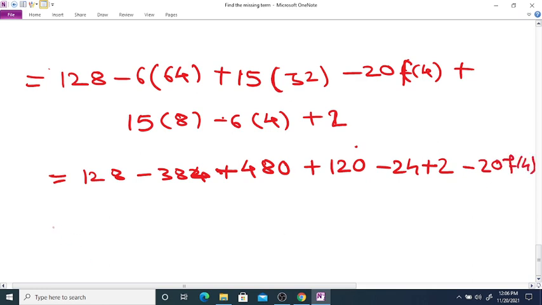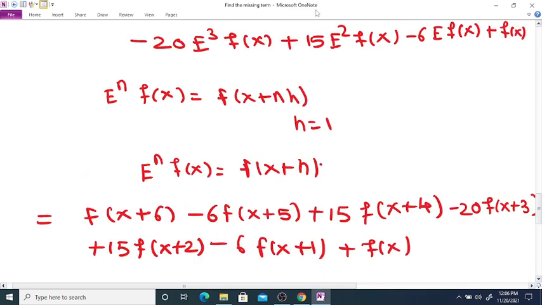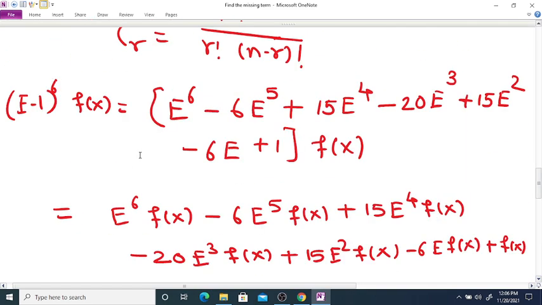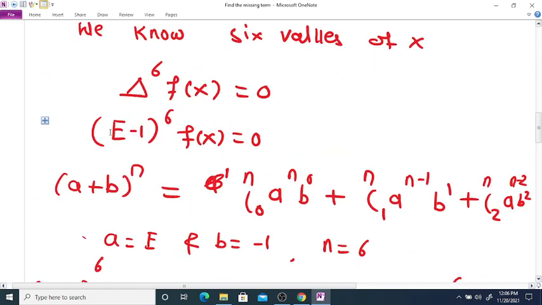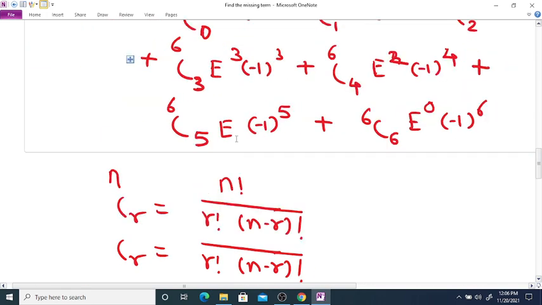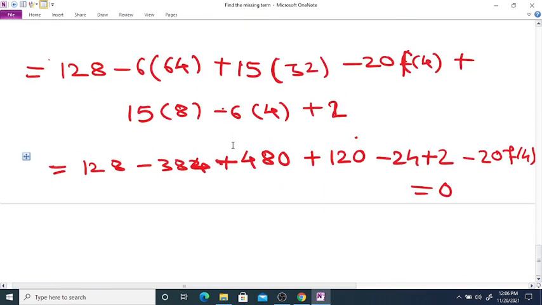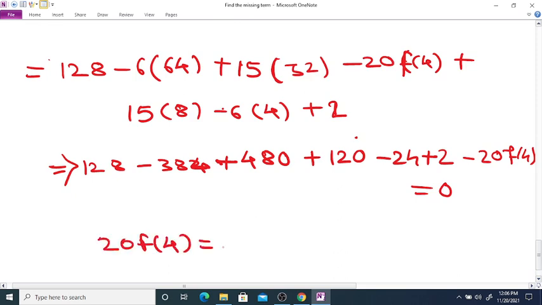All of this equals 0. Why? Because delta raised to 6 f of x is 0, so E minus 1 raised to 6 f of x is 0. So this all implies 20 f of 4 is equal to 322.